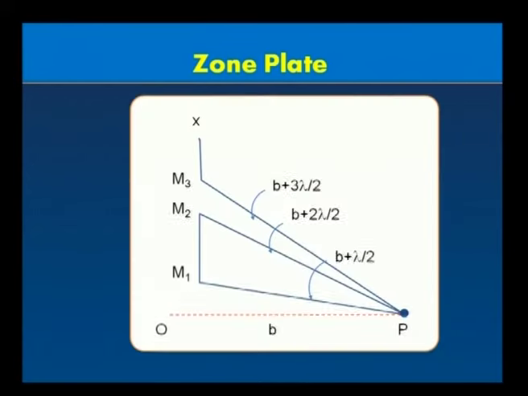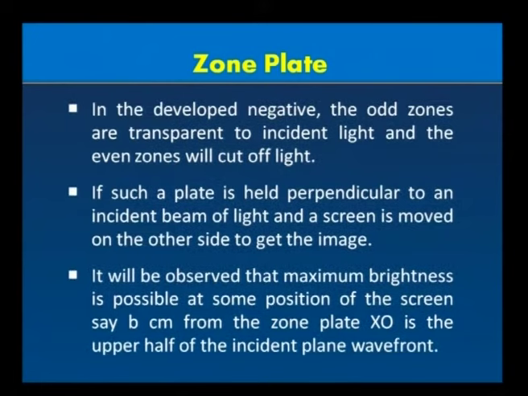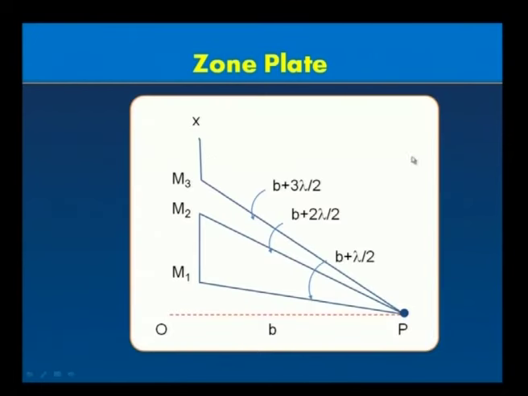What I am trying to tell you can be seen in the diagram here. You got X here, O here. This should bring back to your mind what we saw in Fresnel's theory of rectilinear propagation of light, wherein we had a point P separated by a distance b from O, where O is a point on the plane wavefront.